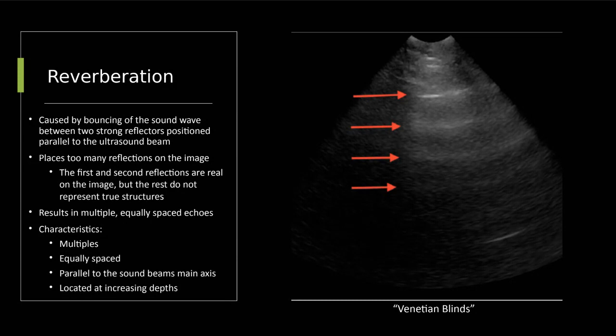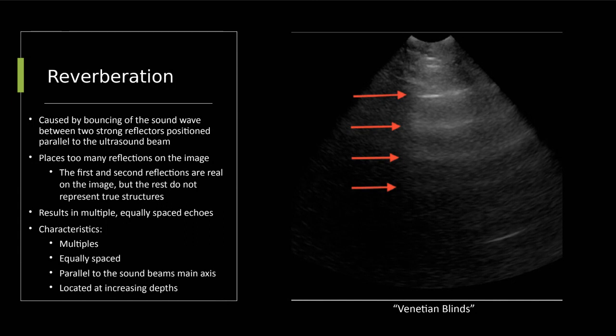So it places too many reflections on the image, and the first and second reflections are going to be real, but the rest following posterior to that are not real reflectors. Those first two boundaries that we see on our image represent real strong reflectors, and everything posterior to those first two bright lines is going to be fake, right?